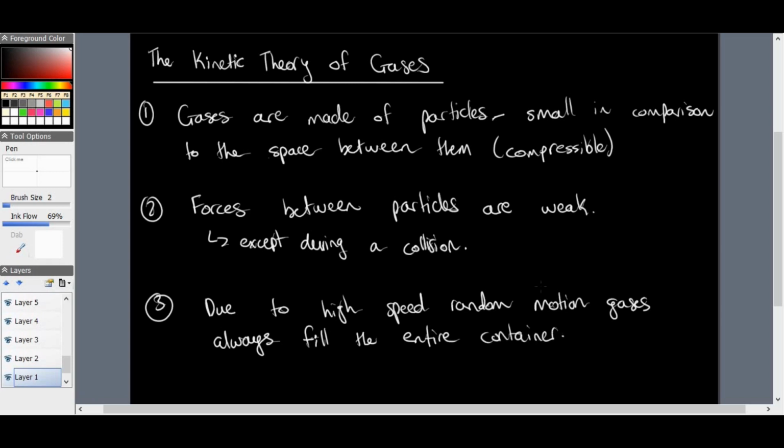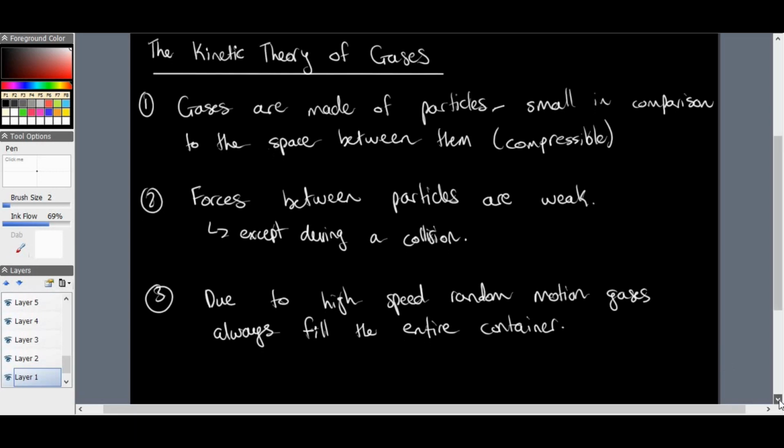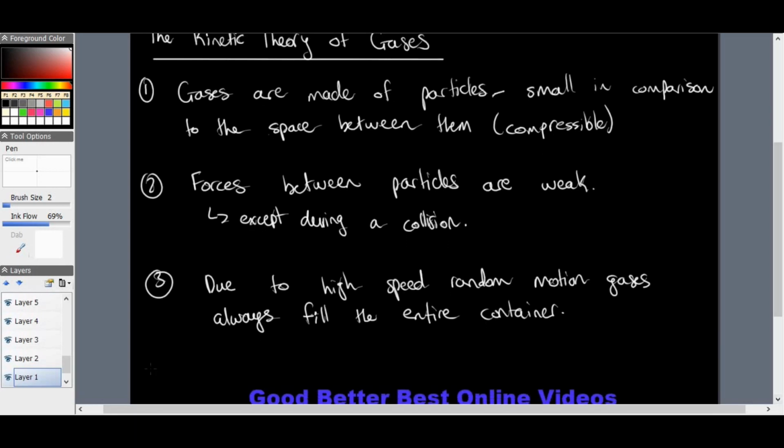That goes without saying. Let's see if I can fit another theory in here. There we go. As a result of that, the volume of a gas thus results from the motion of its particles, not from the volume of actual particles.